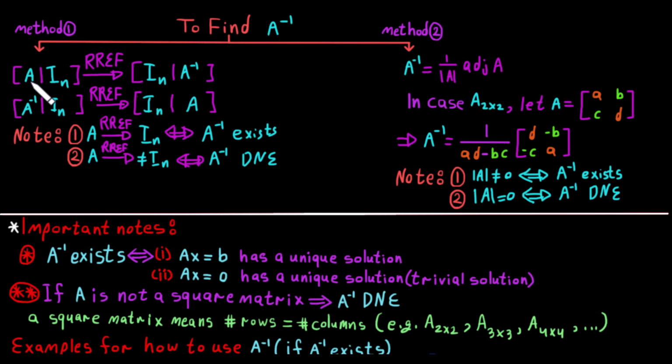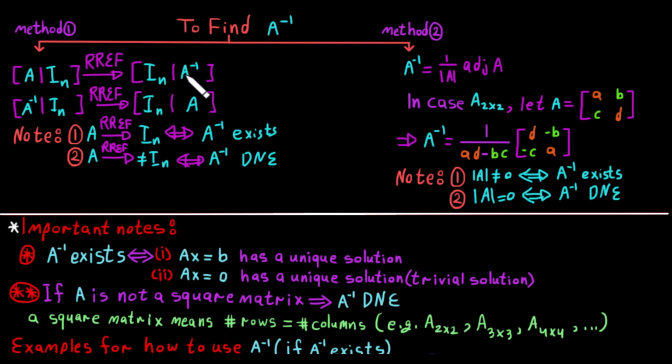So if you can transform A to identity by RREF, which means that you use the elementary row operations. There are 3 types of row operation: row switching, row addition, row multiplication. So if you can transform A to identity, then you have A inverse on the right side.